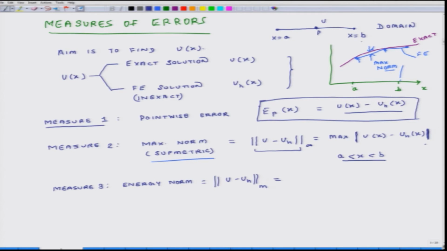If I have to calculate it, it is a little complicated formula, and the relation for this is, excuse me.